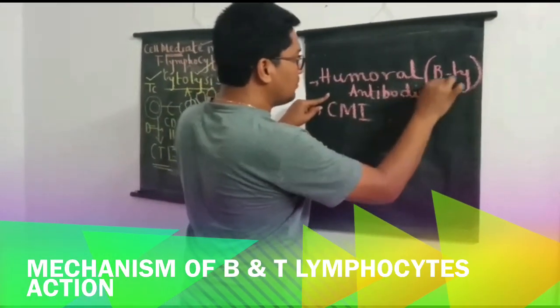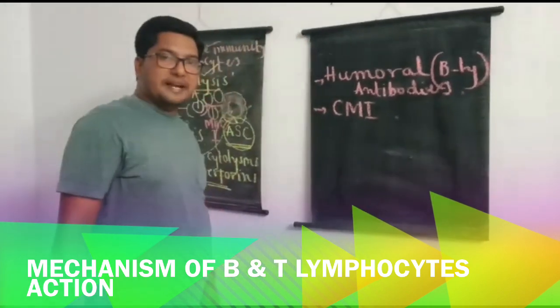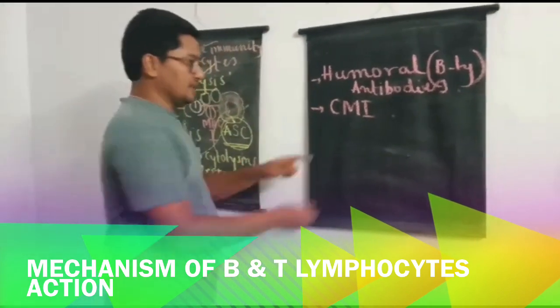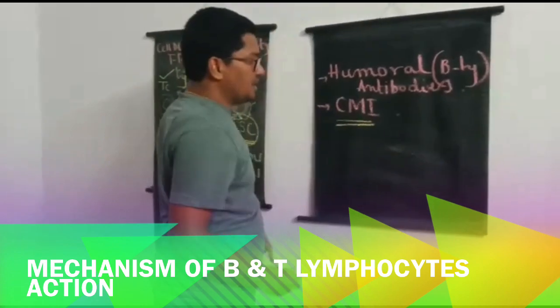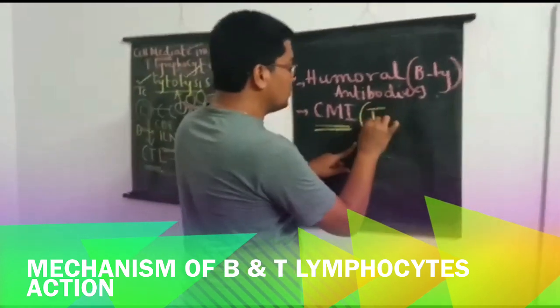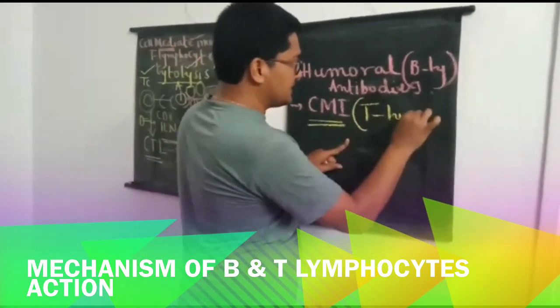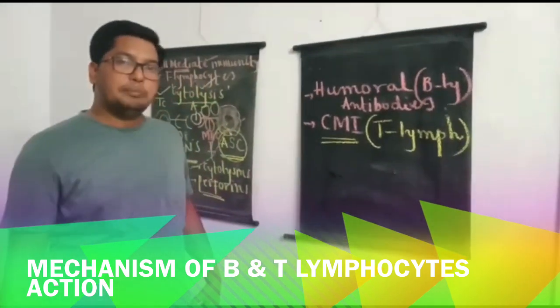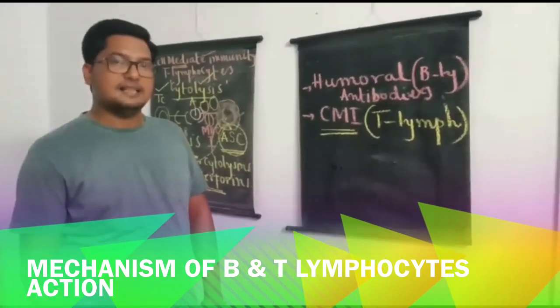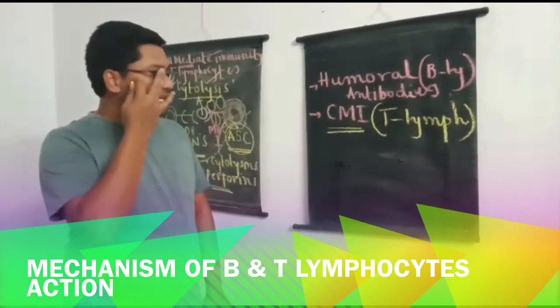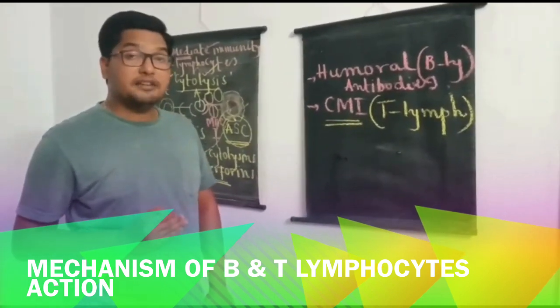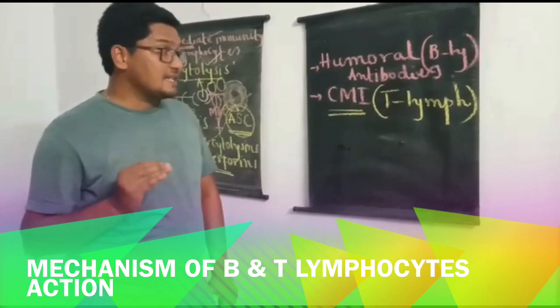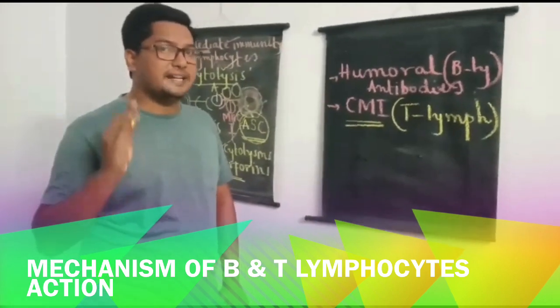What are antibodies? Antigen binding protein molecules. CMI, cell mediated immunity, is offered by whom? T lymphocytes. What are the two important types of T lymphocytes? T helper cells and TC cells. Let me repeat. T helper cells are called CD4 cells and TC cells are called CD8 cells.